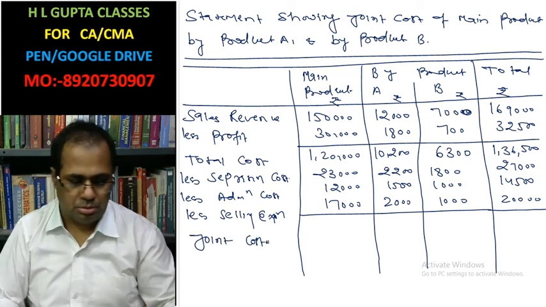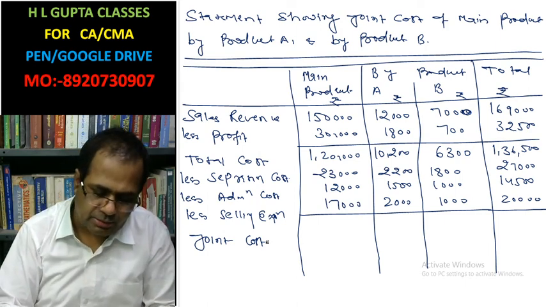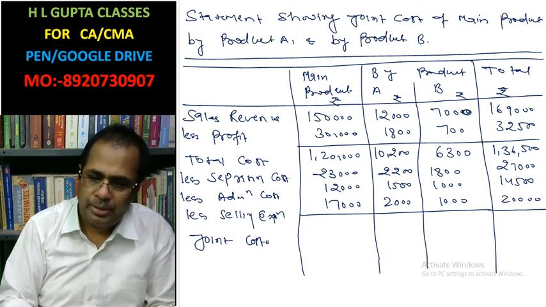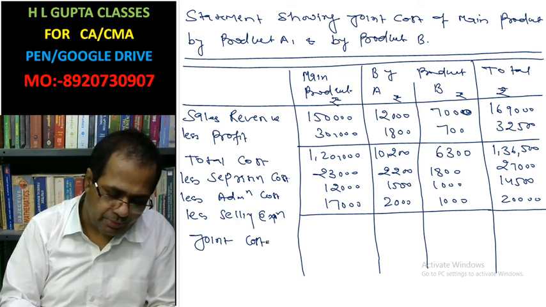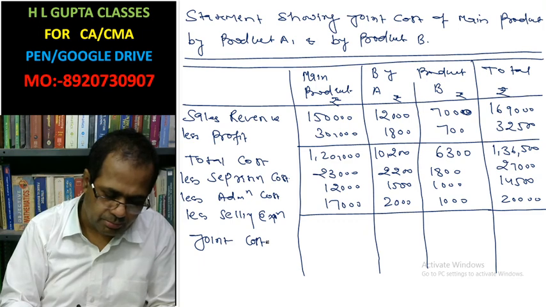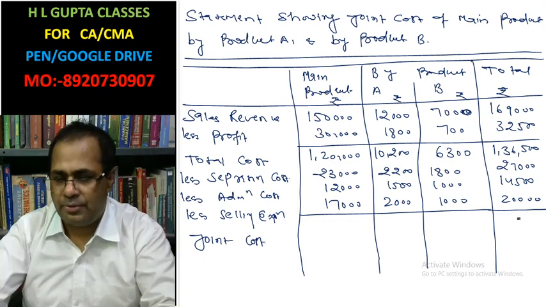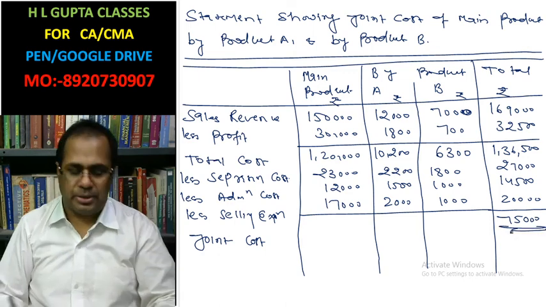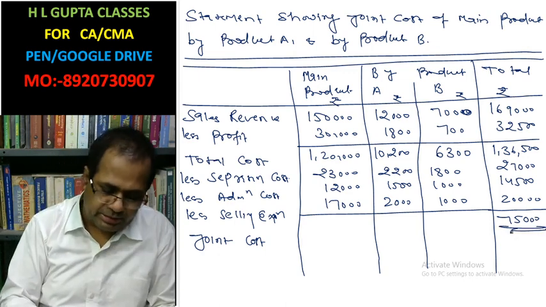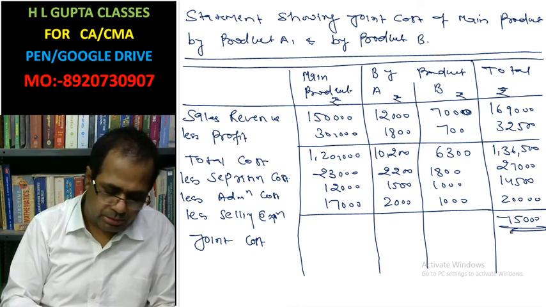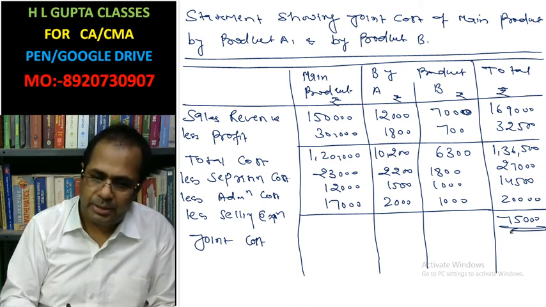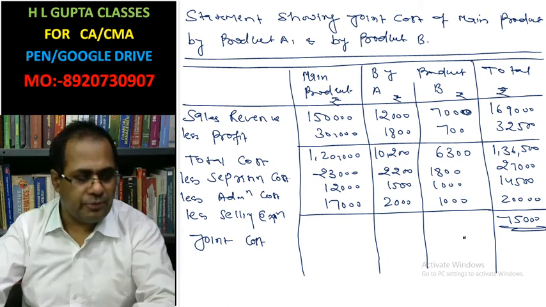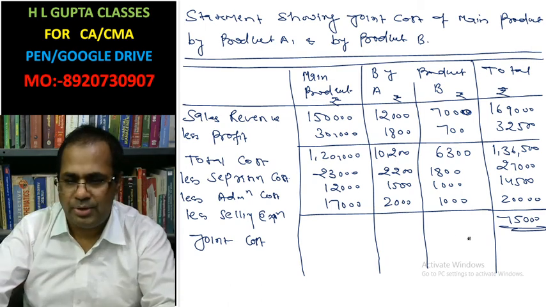Joint cost is 1,36,500 minus 27,000 minus 14,500 minus 20,000. This is 75,000. Okay, so we had joint cost 75,000. For byproduct B: 6,300 minus 1,800 minus 2,000 is 2,500.